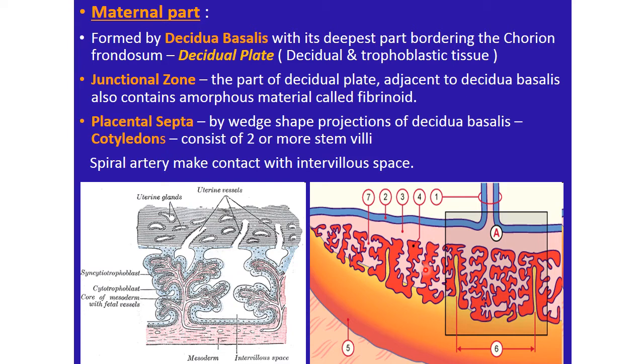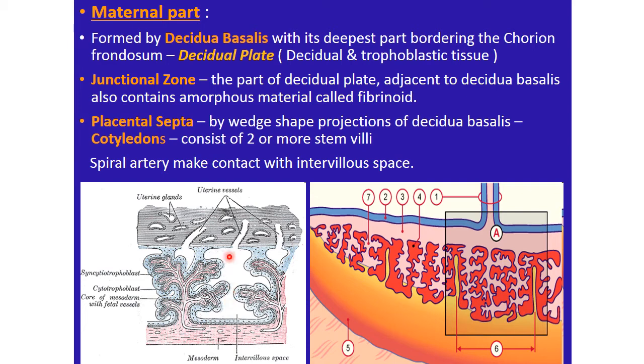The red areas are all the intervillous space, which is formed by the coalescence of the lacunae. Many lacunae join with one another to form a comparatively large space, which is called the intervillous space, and the spiral arteries, as I have already told you, make contact with the intervillous space and pour the maternal blood into it.